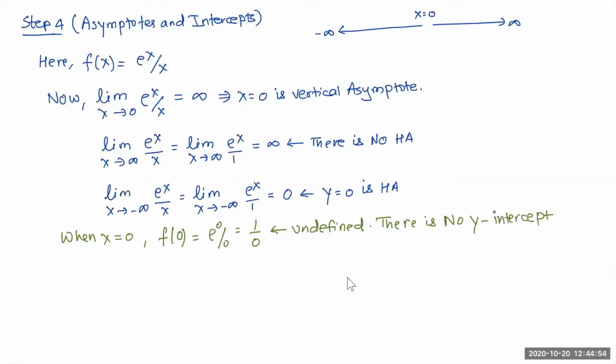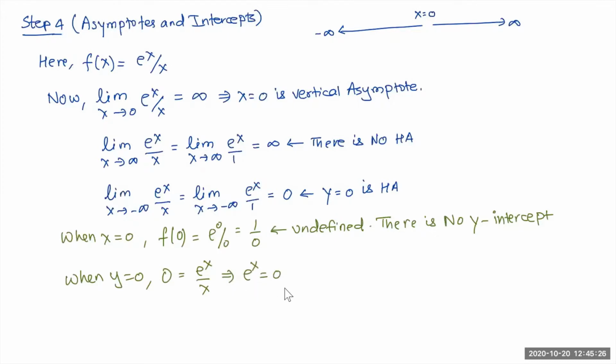Similarly, when y equal to 0, I'm saying that 0 is equal to e to the x over x. Here we have a fraction equal to 0. A fraction will be 0 when the numerator is 0. So e to the x must equal 0, and e to the x cannot be 0.